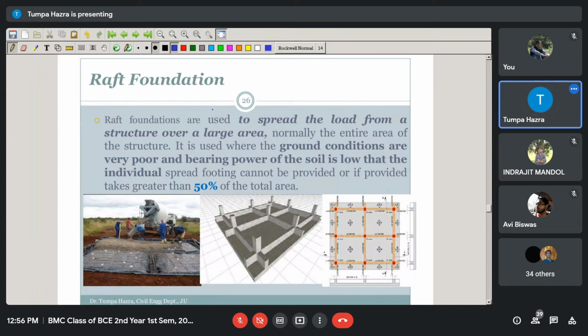Now, if the load bearing capacity of the soil is less, or the load of the building is quite high, then to reduce the load of the building, the wrapped foundations are constructed to spread the load from the superstructure over a large area. Okay, normally the entire area of the structure.